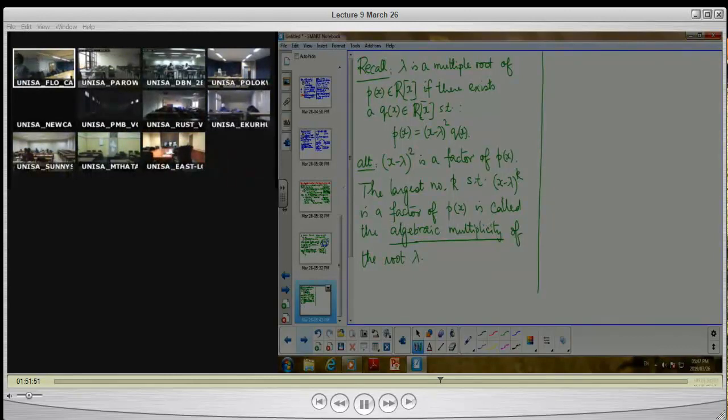Okay? So that's one side. So let these be eigenvalues.